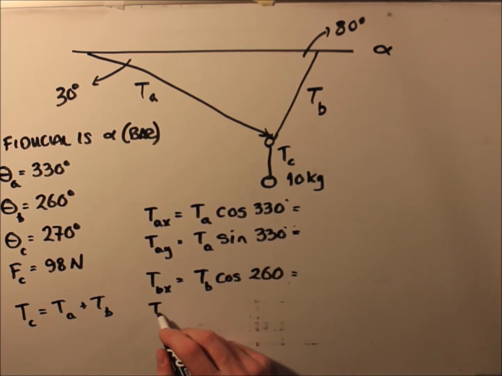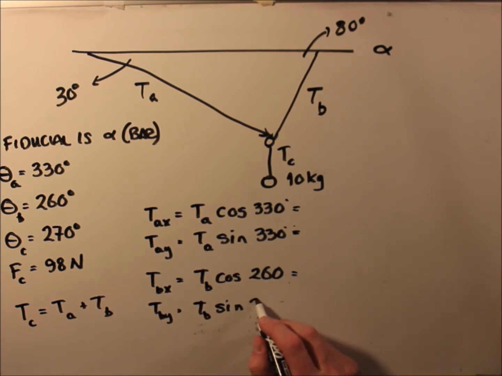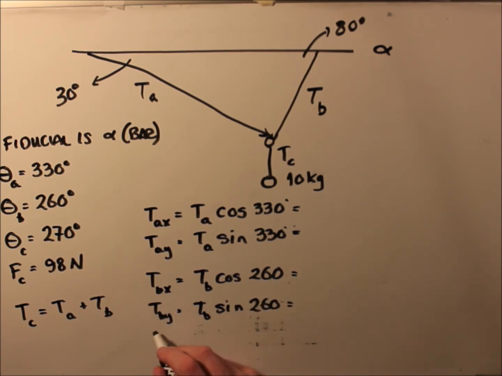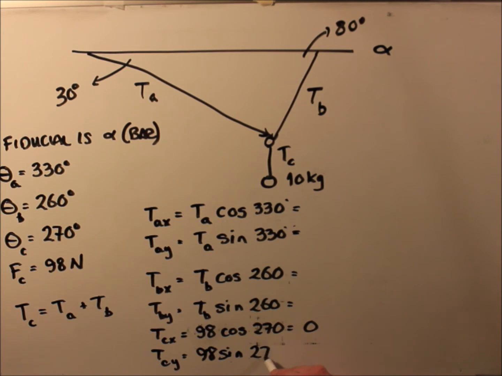TBY is equal to TB sine 260. TCX is equal to TC, or we can use 98, I guess, if we want to be specific here, 98 cosine 270, which equals 0, and TCY, which is equal to 98 sine 270, which is negative, equals negative 98.